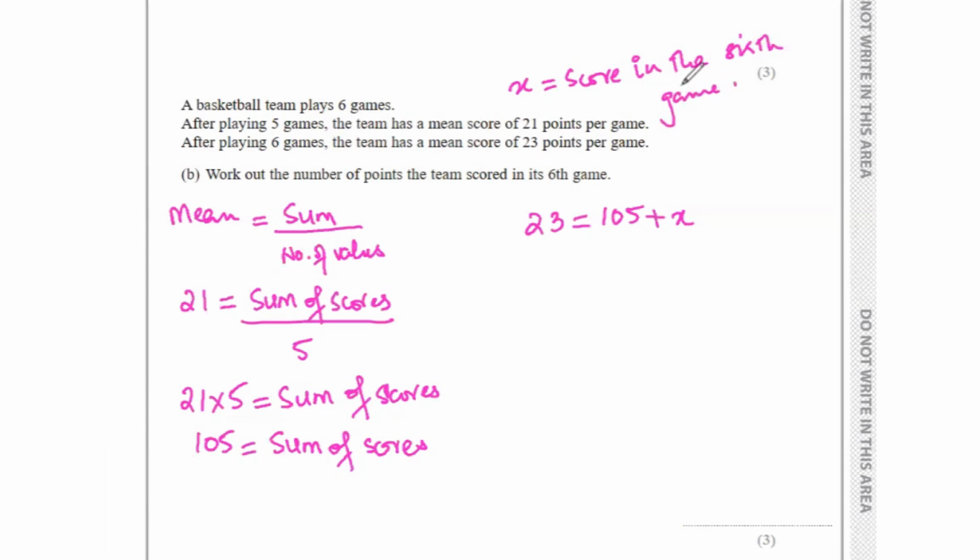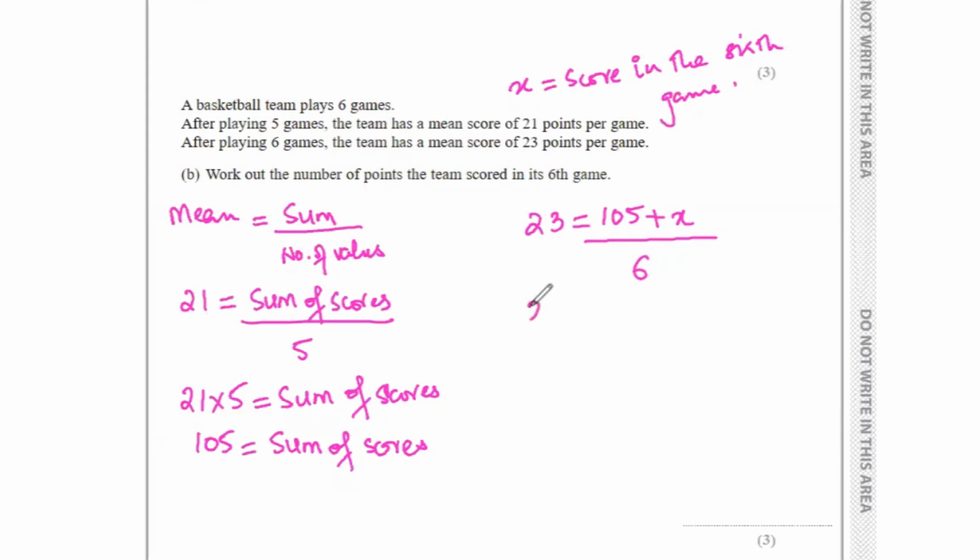For 5 games, your sum of scores was 105 based on our calculation. So to find the score of the 6th game, the 105 from the first 5 games gets added to x to get the mean value of 23 for the 6 games.